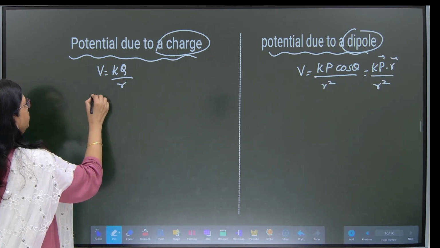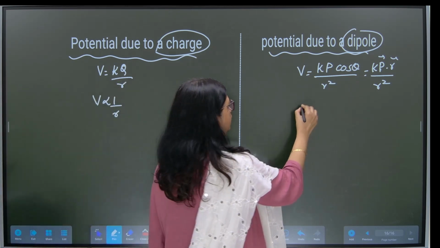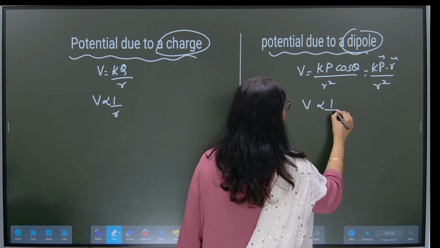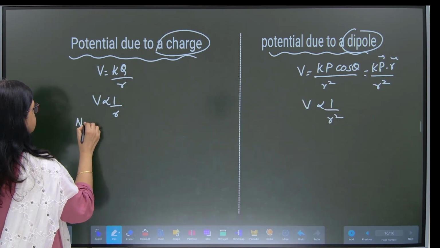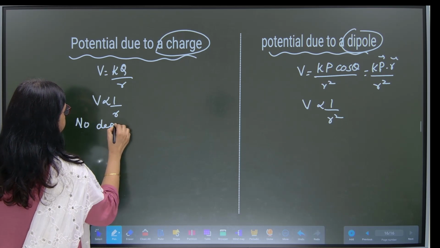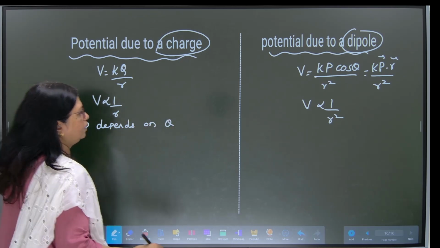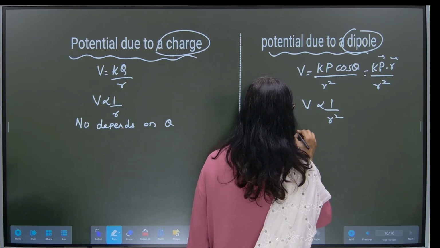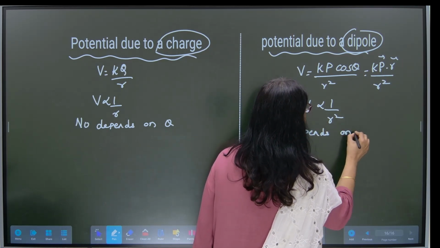Here V is inversely proportional to R. Here V is inversely proportional to R square. Here no dependence on theta. Here it depends on theta.